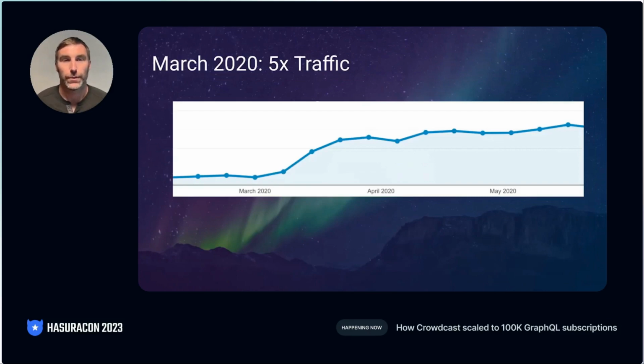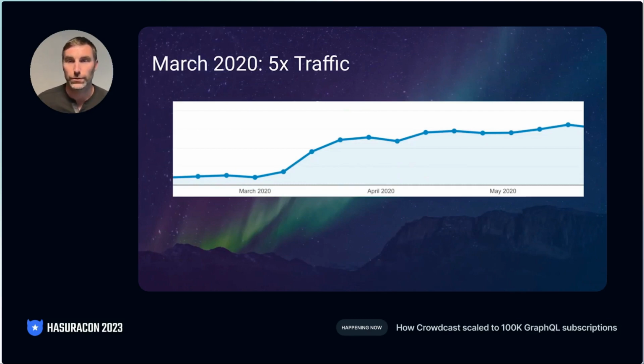And then the pandemic hit, and we can see here within a few days really, we started seeing major traffic volumes as the government, at least here in the United States and some worldwide, shut down physical contact, or everyone needed something online in some way to conduct business. And Crowdcast was one of those products that was ready to serve that problem.